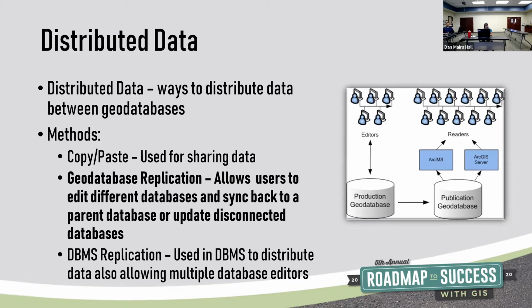And then a really good method of updating disconnected databases. So for example, if you have a file geodatabase that's being used for your map services or for the PMF that everybody's getting, that's a really good example of creating a one-way replica for that.